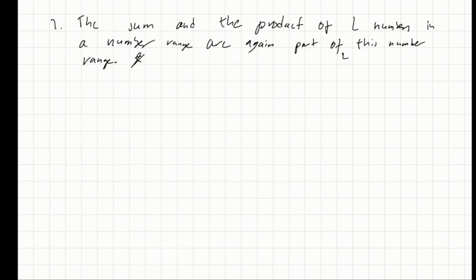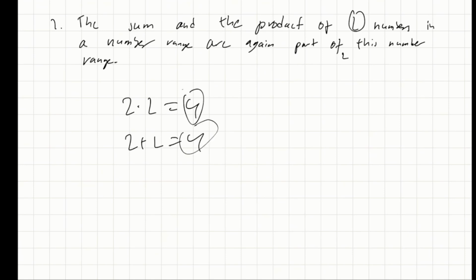After this definition, for example, 2 times 2 gives us 4, and 2 plus 2 gives us 4 as well. So the sum or the product gives us another natural number in this case.